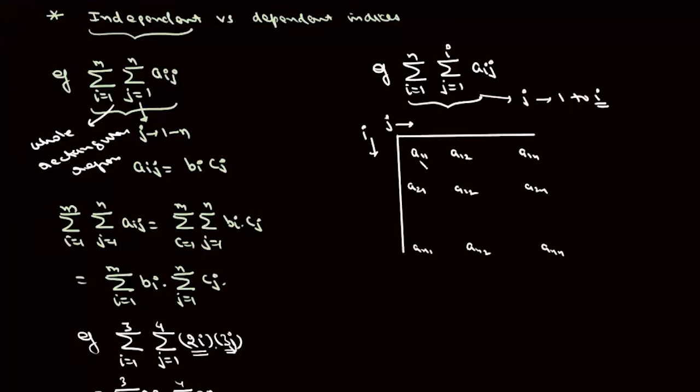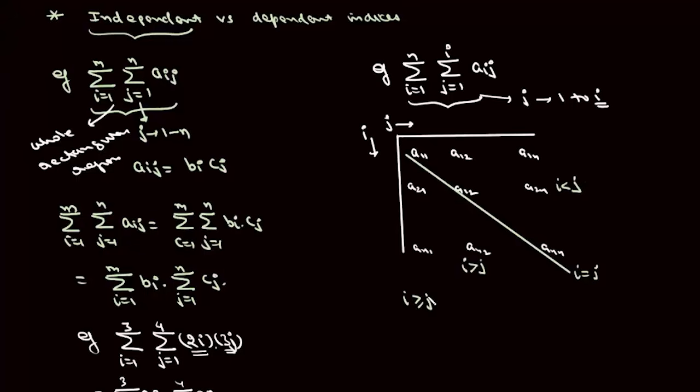The points on the diagonal give us i equals j. Points below the diagonal will give us i greater than j, and points above the diagonal will give us i less than j.